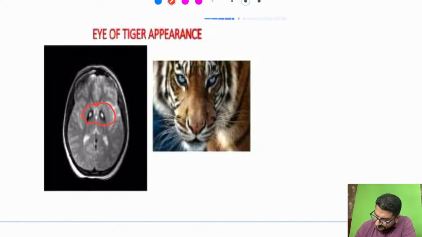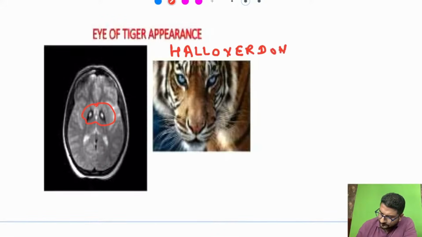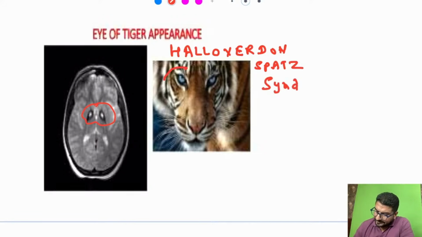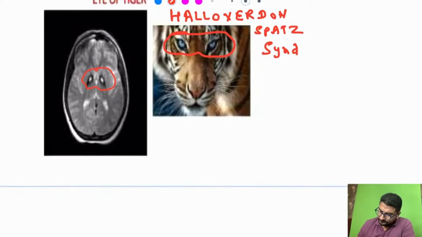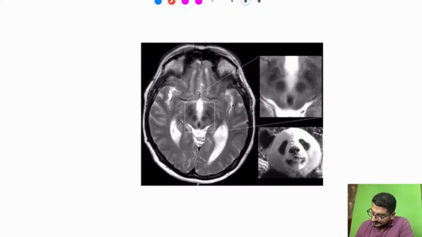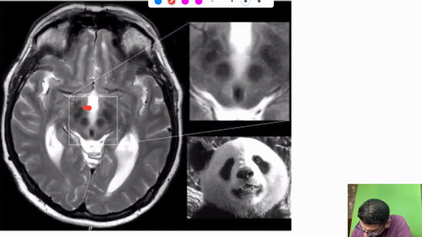This is something that we see in Hallervorden-Spatz syndrome. So we call this the eye of the tiger appearance. And this, if you look carefully, you can see a panda.